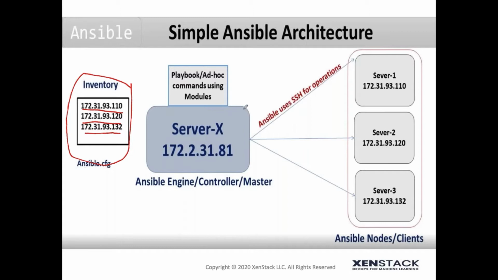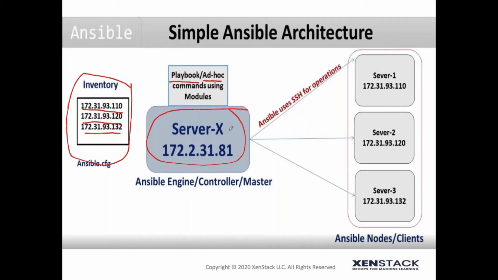And this is my Ansible master machine. There we have installed Ansible, and in that machine we have written some playbooks, or you can say some ad hoc commands, and using these modules in these playbooks and ad hoc commands, we try to perform the task on our remote machines.